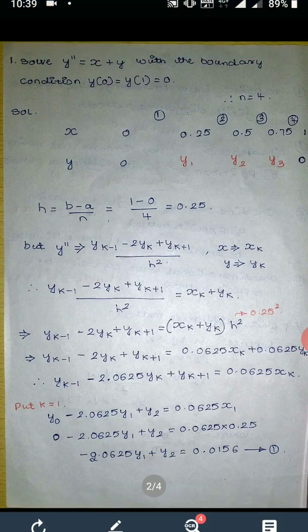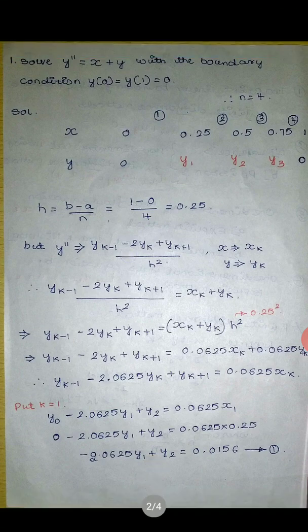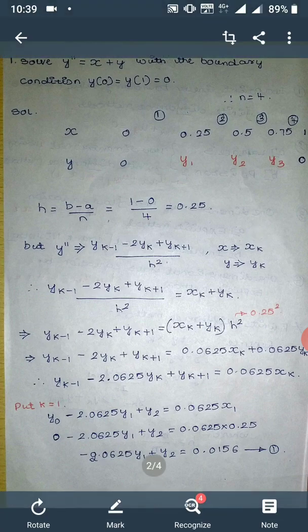So in the beginning, let's calculate the value of h. b minus a divided by n, which we have seen earlier, is equal to b, the final value 1, minus the initial value 0, divided by the number of steps, which is 4. So the incremental h value we get is 0.25.